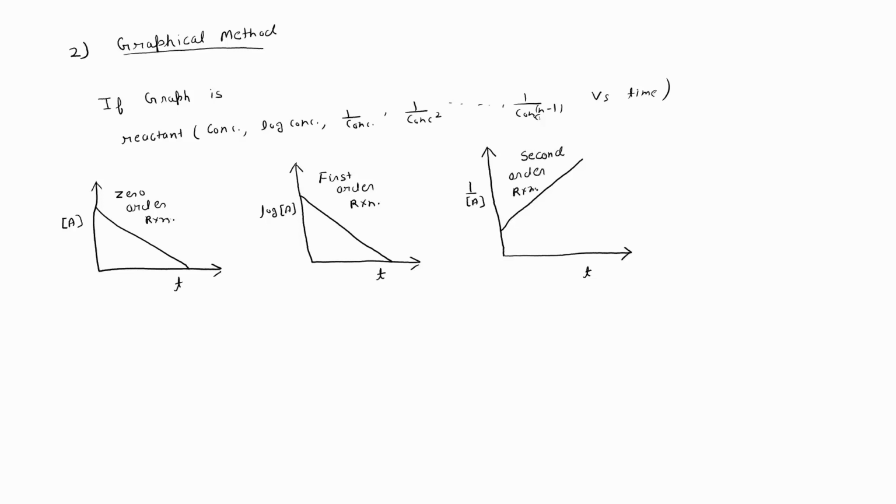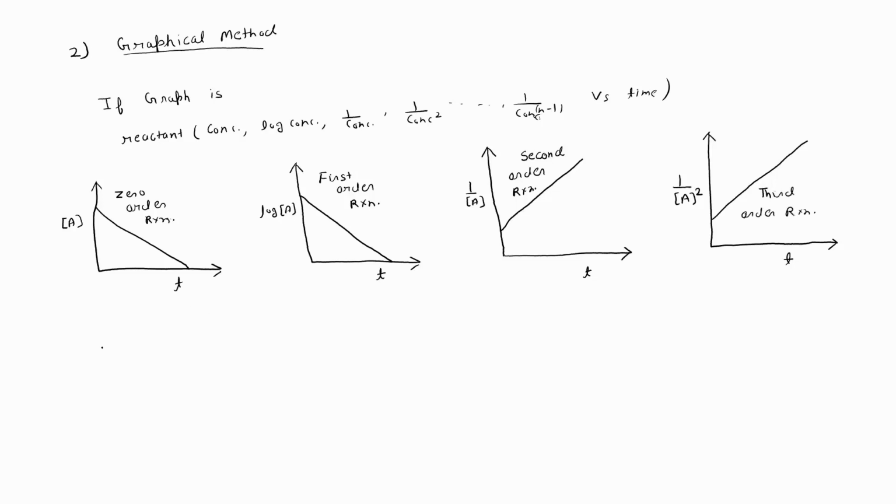And if the graph is 1 upon concentration to the power 2 with respect to time, and it is a straight line with a positive slope, then it is a graph of third order reaction.